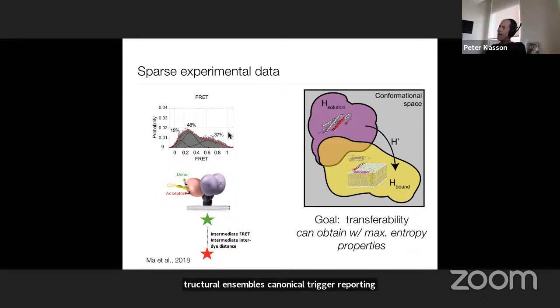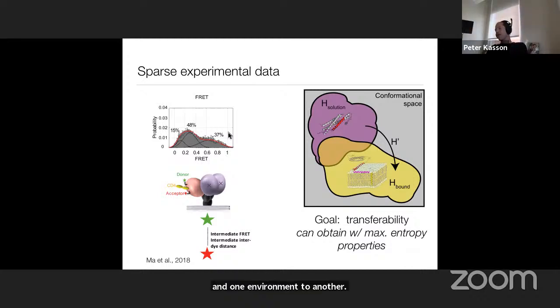And one of the goals we have is transferability. That if we have extensive information about a molecule in one environment or under one set of conditions, can we use sparse and potentially expensive to acquire data that are many fewer data to then transfer our knowledge about the structural ensemble in one environment to another environment.